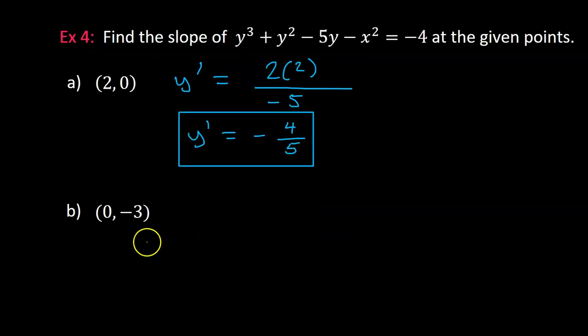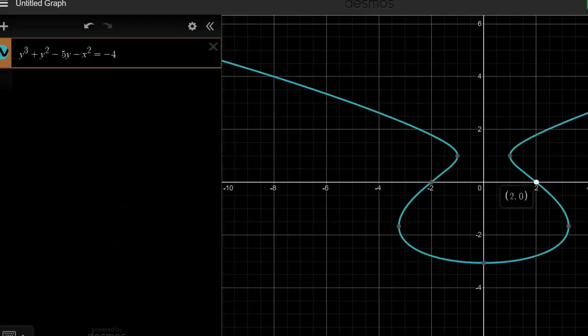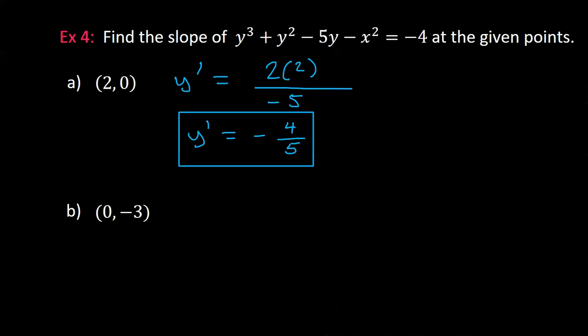So let's go ahead and find the slope at the point (0, -3). A quick peek at the graph. (0, -3) is right here at the bottom. Or, it's really close to here. So we're expecting the slope to be something close to 0, right? It looks like it should be a horizontal line. So let's see what happens.